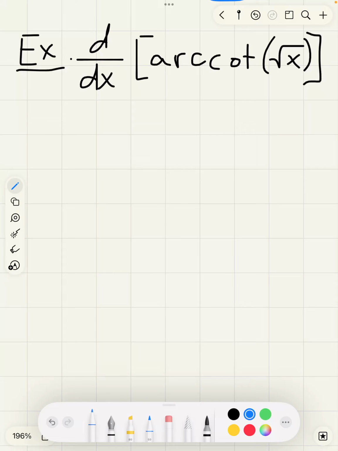So again, no derivation necessary. We are just going to go right to the derivative form for arc cotangent of x, which is negative 1 over 1 plus stuff squared.